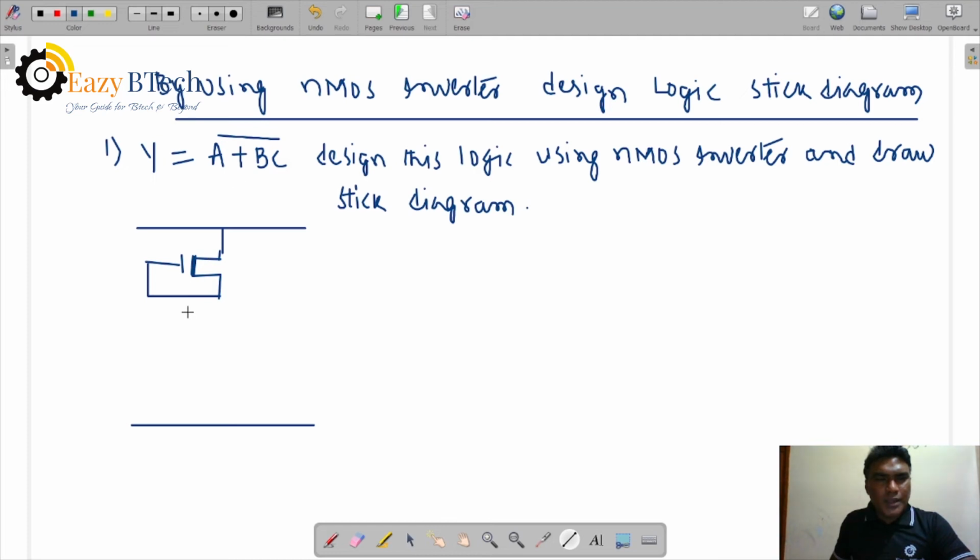What is the logic here? A plus BC. Yesterday we saw NMOS. A plus means parallel, and B into C, the AND logic, means series.